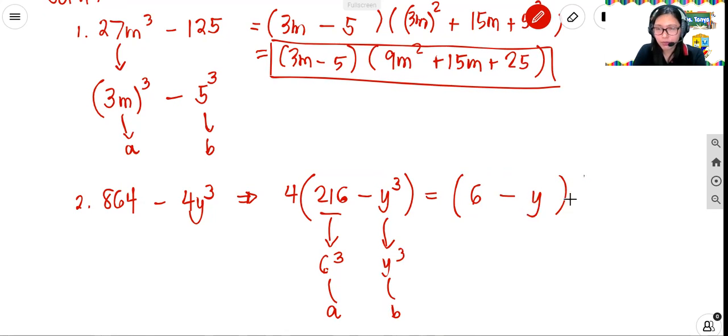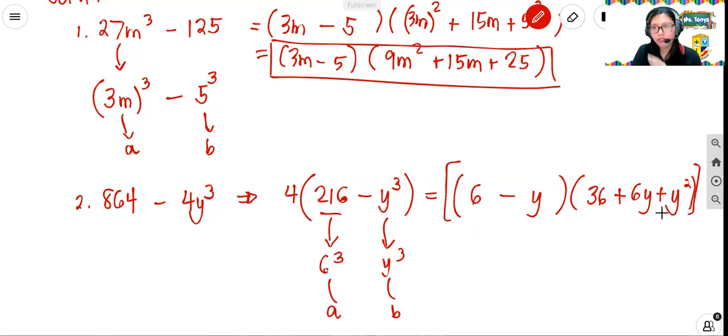So 6 minus y times 36. And then we'll have that 6 squared. 6 squared is 36. And then y squared here. And then 6y in the middle. So plus plus on the factor. But do not forget the 4 that we have factored.